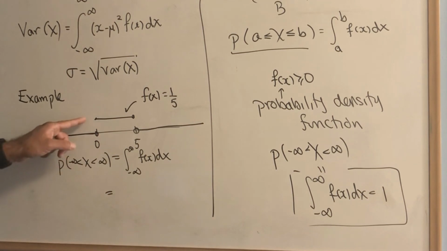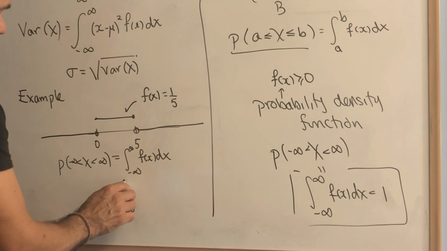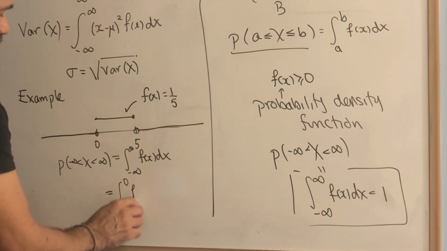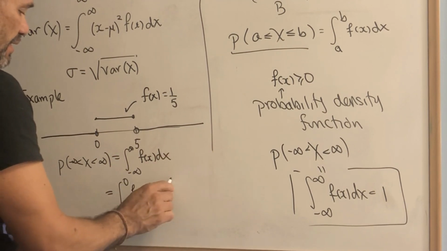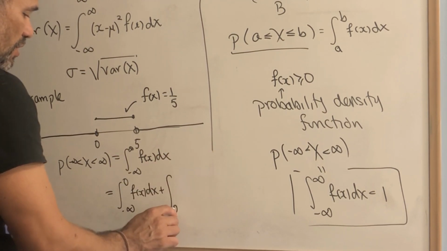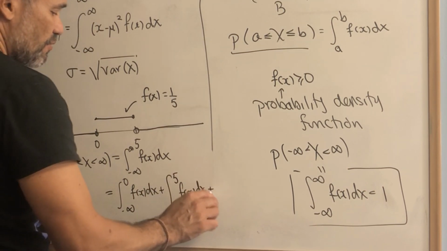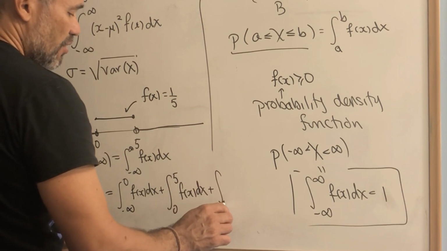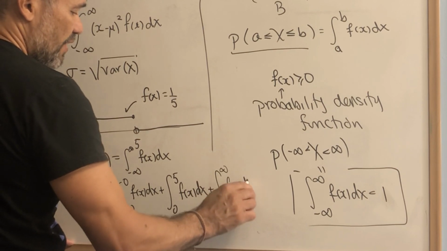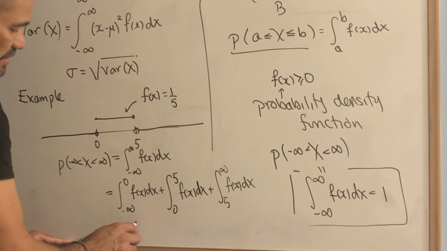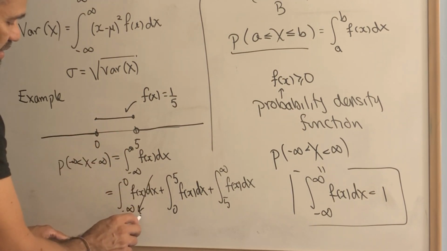But this function is defined in pieces. Then I should do the integral from negative infinity to 0 of the function, plus the integral from 0 to 5 of the same function, plus the integral from 5 to infinity of f of x dx. The function before 0 is 0, so this integral is 0.